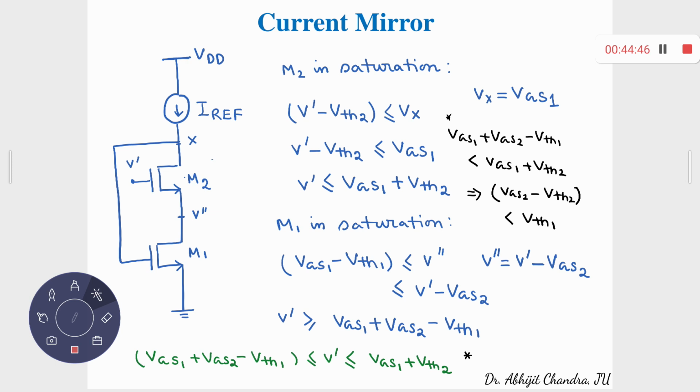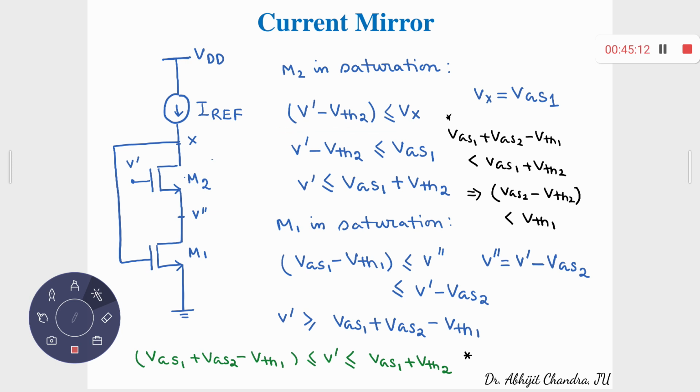What is the condition for that? This gate voltage minus threshold should be less than the drain voltage. What is the drain voltage? That is Vx. So the condition is V dash minus Vth2 must be less than Vx.